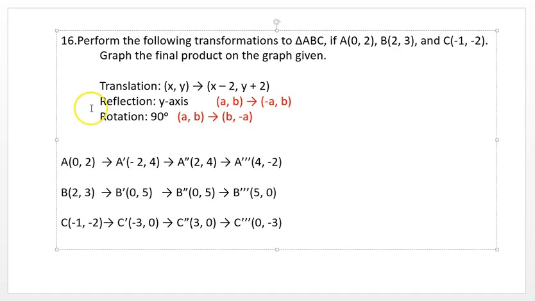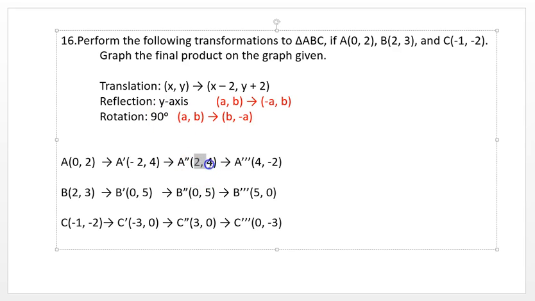Now, same thing. After you reflected it, we're going to rotate it. So from your A, B, and C image right here, we're going to rotate these points 90 degrees. This is the rule for 90 degrees. Like I said, you'd be given that. The rotation for 90 degrees is to switch a and b and put a negative on that a.